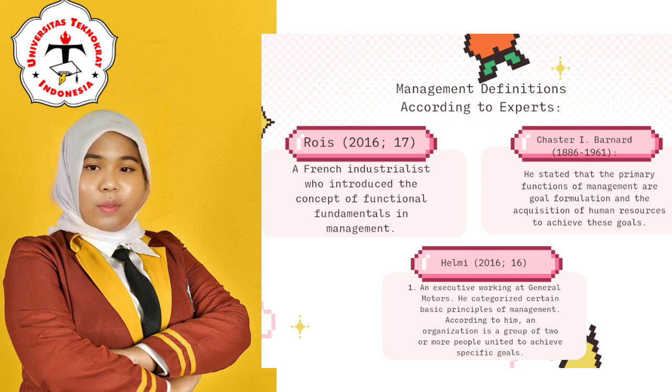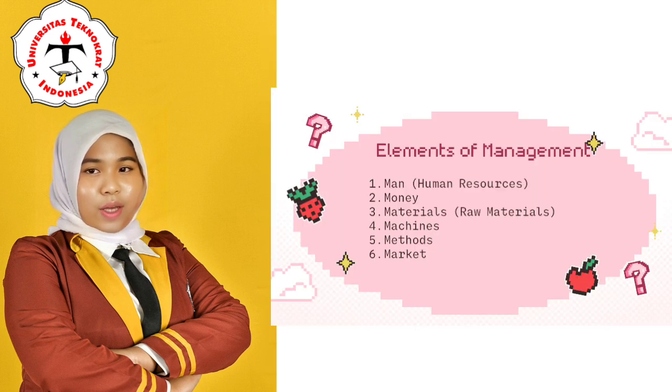According to him, the main functions of management are goal formulation and the procurement of human resources used to achieve those goals. Helmy, an executive working at General Motors. He categorized certain basic principles of management. According to him, an organization is a group of two or more people who come together to achieve a specific goal. Elements of management. Man, human resources.